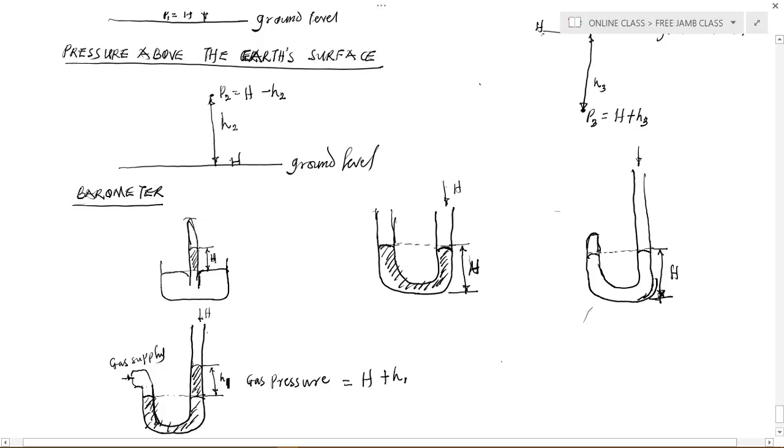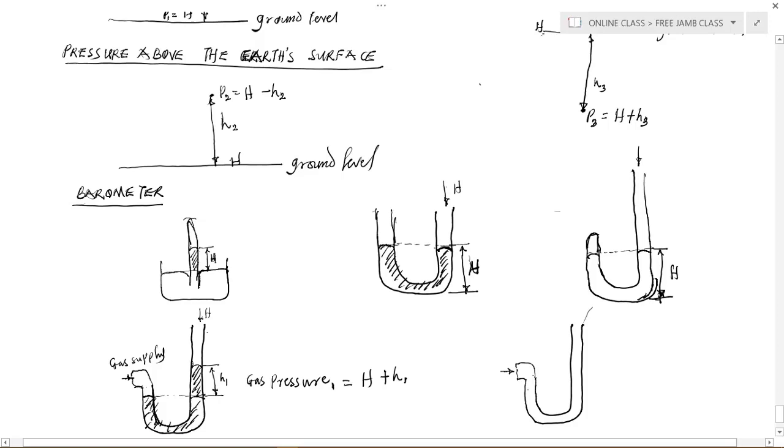But if it is not like that, if after attaching it the gas supply is still there, let me say gas pressure 1.